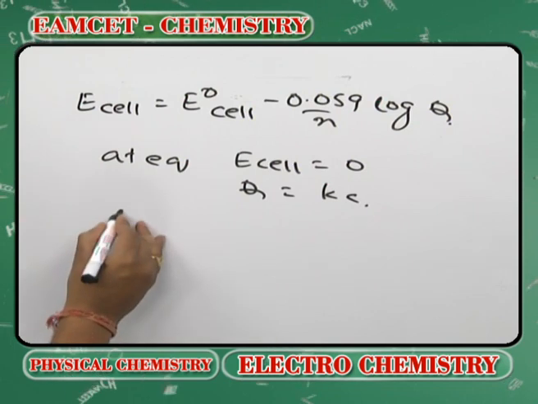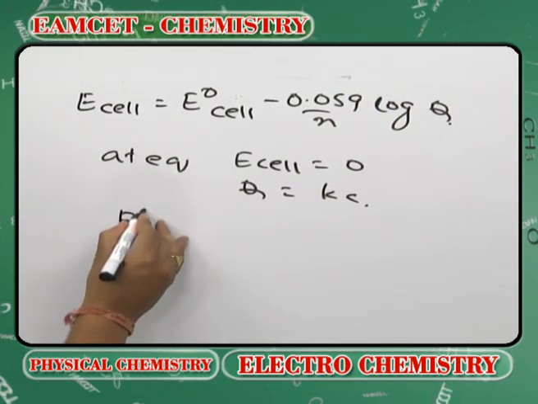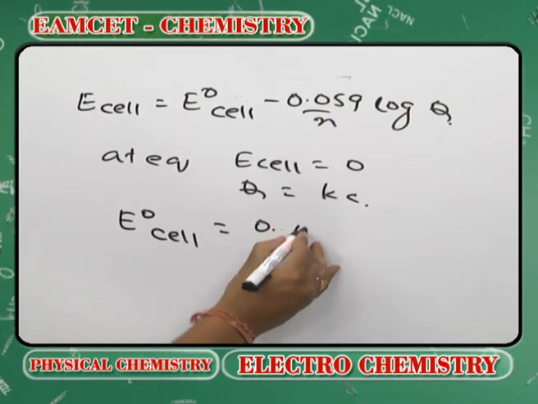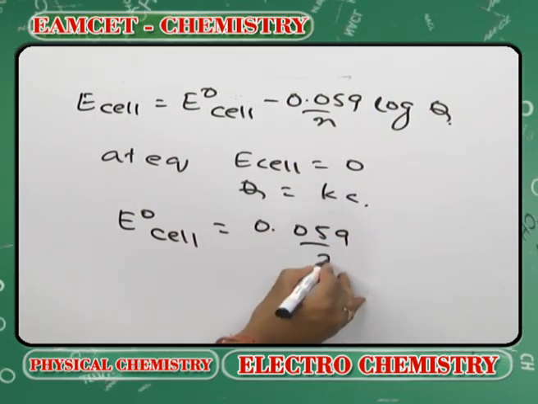Then the expression will be E naught of the cell is equal to 0.059 by n log Kc.